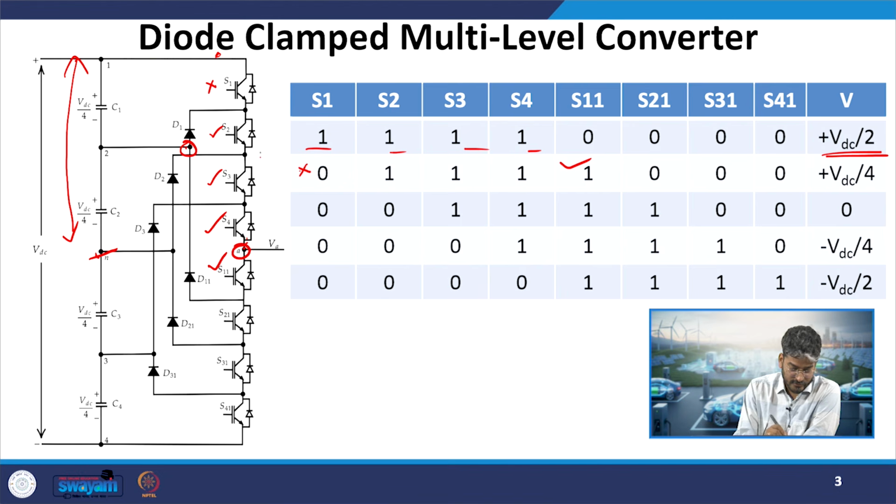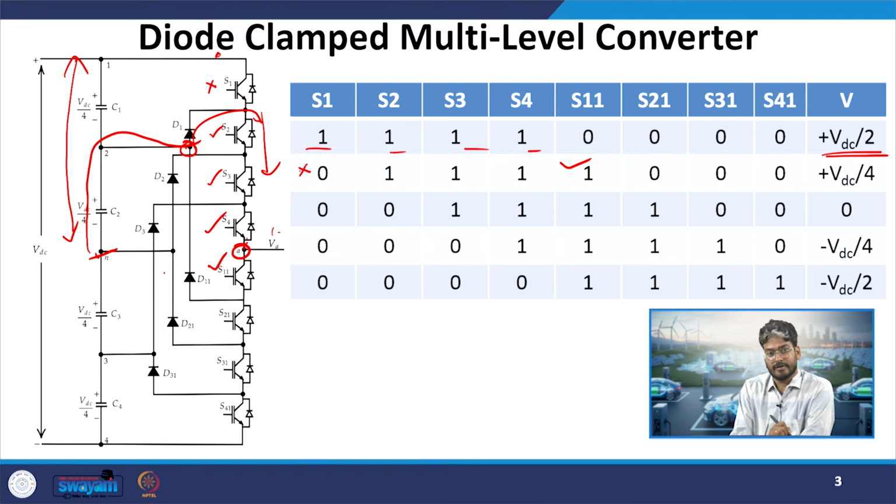If the current is flowing in this direction, this diode will come into the path, and this will be the path of the current from the neutral point. It will flow through this to the load and back to the neutral point. If the current is negative, it will flow through the lower path. Irrespective of the direction of current, as this is a voltage source converter, the voltage will be predetermined based on the switching state.